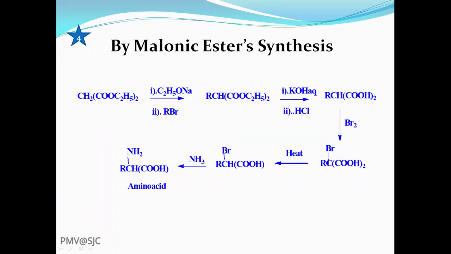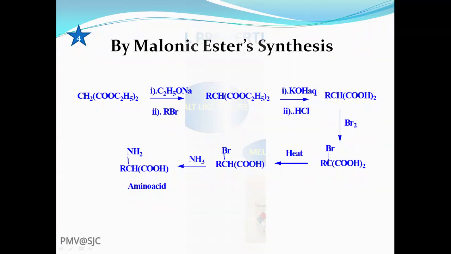The next synthesis is azlactone synthesis. In this azlactone synthesis, starting from a simple amino acid such as glycine, you are able to convert it and get a larger amino acid.